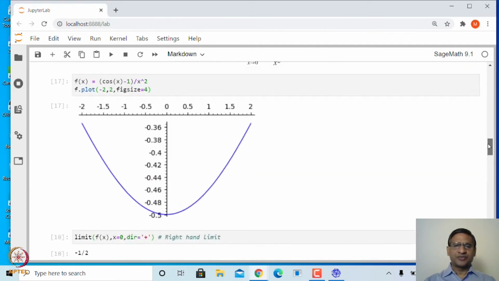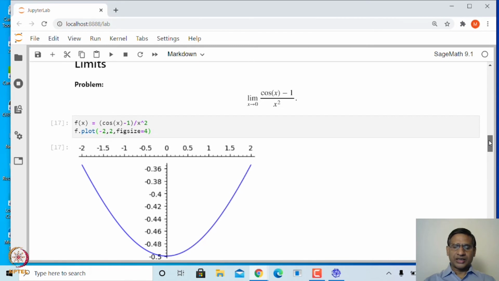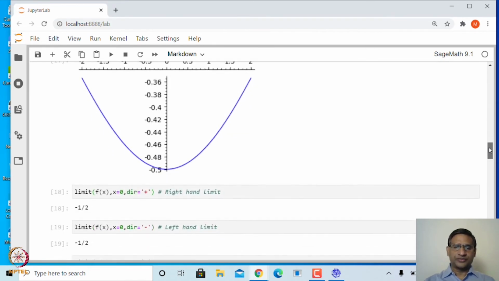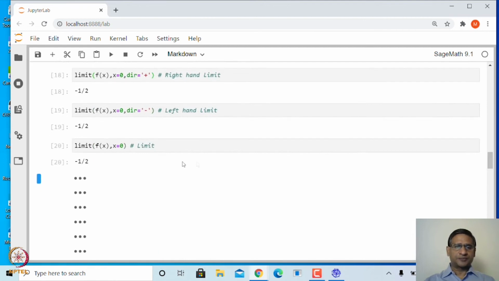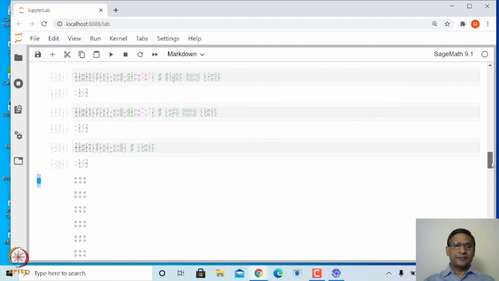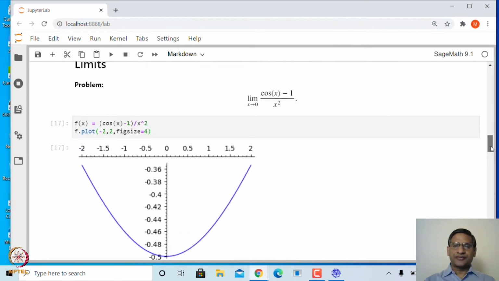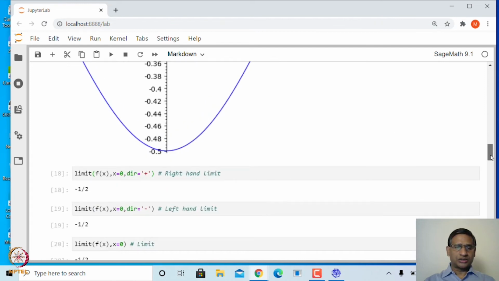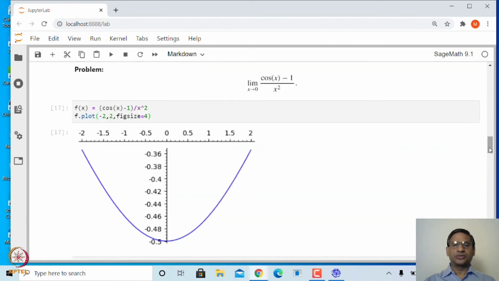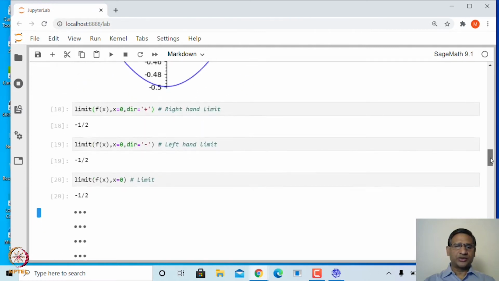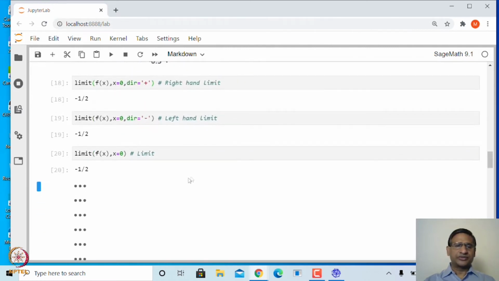So, in this case, for this function, the left hand limit is equal to the right hand limit, which is equal to the limit of the function, right. Of course, if I define the function value f of x equal to minus half at x equal to 0, then this function will also be a continuous function, because the left hand limit is equal to the right hand limit is equal to the value of the function. That means the function will be continuous.